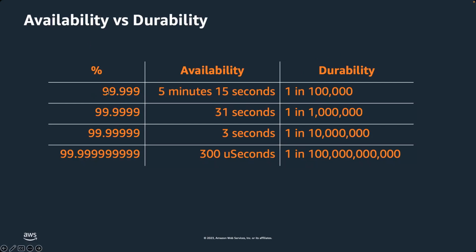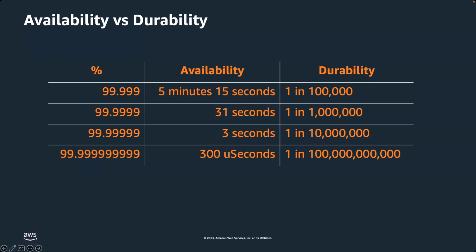In terms of availability, 3 nines means 5 minutes, 4 nines 31 seconds, and 5 nines 3 seconds. And in durability, that's what I was saying, 1 in every 10 million. As a key concept, durability is the most important when you're storing your data in the cloud.